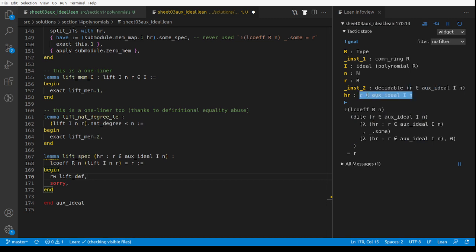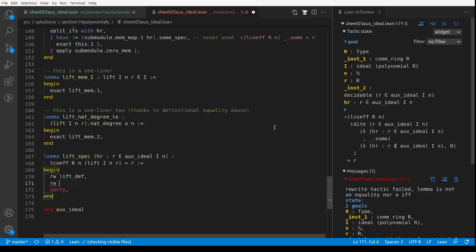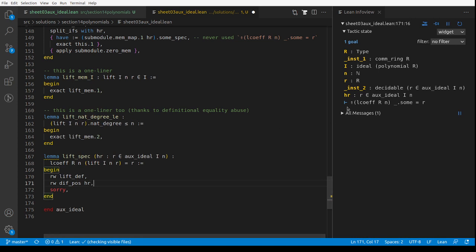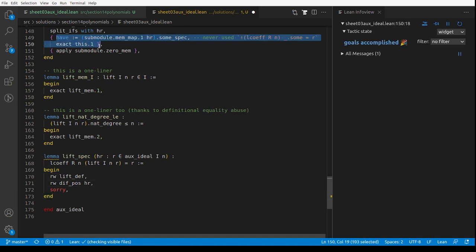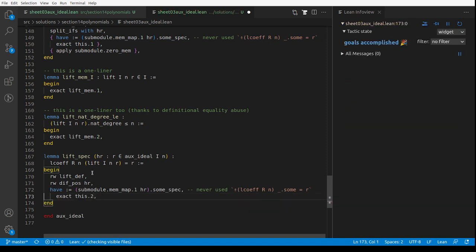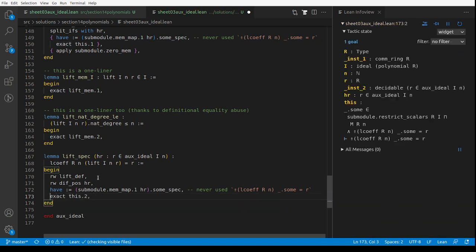You see, we've got this hypothesis that the if, HR, is the hypothesis, it's true. So it's rewrite dif_pos HR. And now we've got to prove this thing here, and that's exactly the thing we threw away. So now it's just going to be this thing here, right? So it's just going to be exact this dot 2 there. So now we used it.